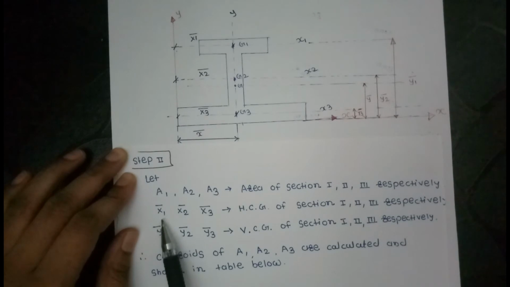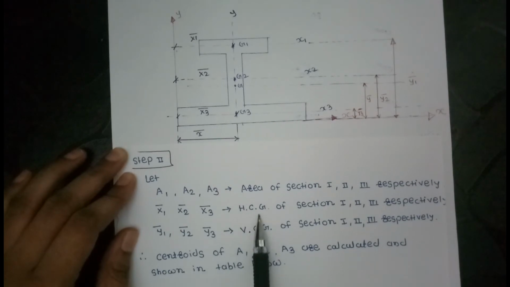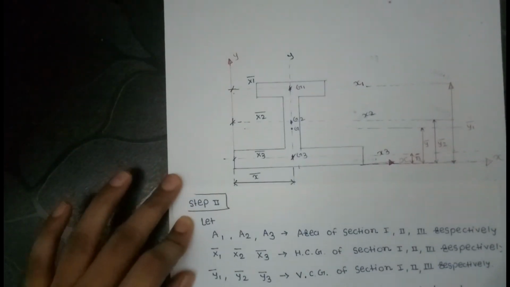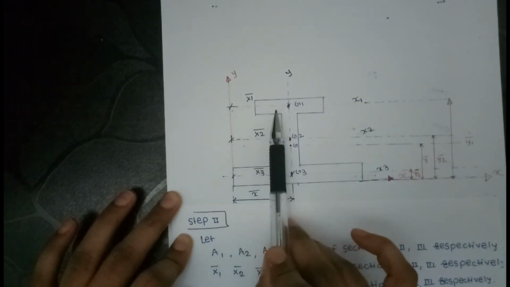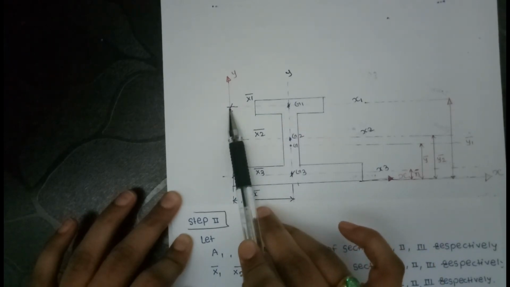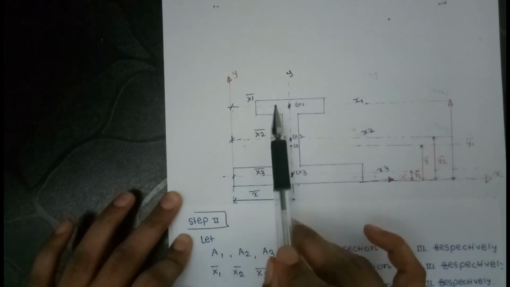First of all, what is meant by X1 bar, X2 bar and X3 bar? See this diagram. The distance between point G1 and the base of the y-axis is X1 bar.